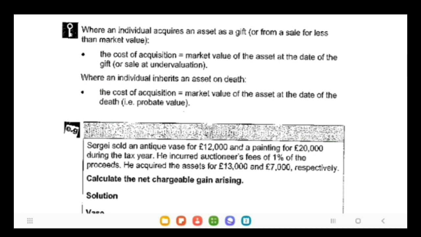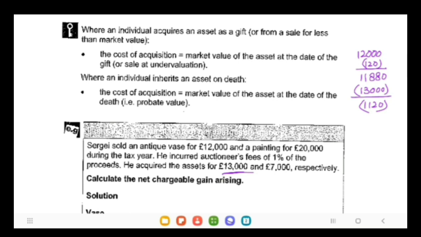First, we consider the antique vase that is sold for 12,000, but for selling that asset, Sergi has to incur the selling cost of 120. So the net disposal proceeds are 11,880. The allowable cost of this particular antique vase is 13,000. As net disposal proceeds are less than allowable cost, the difference is said to be a loss on the sale of the antique vase.